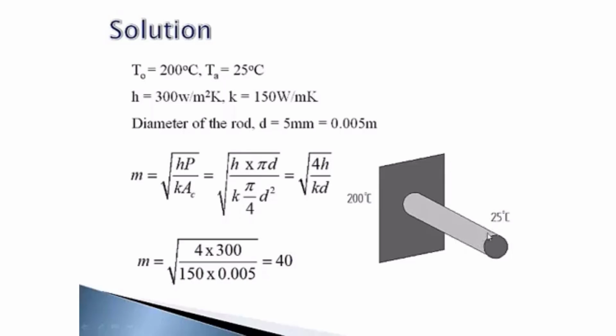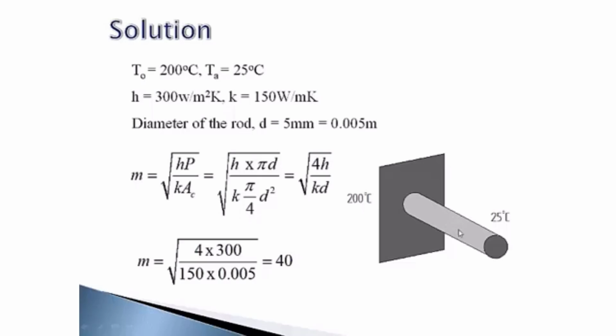That is, the temperature becomes more or less 25 here, and ambient is also 25. 25 minus 25, the temperature difference will be 0. So this surface of the fin is not dissipating any heat. So that is the idea of a long fin. At the end, the temperature reduces almost to ambient temperature. Okay. Now, this is how the heat is dissipated through a fin.